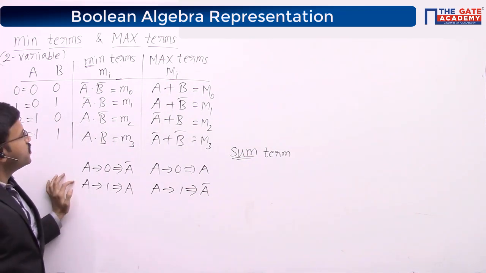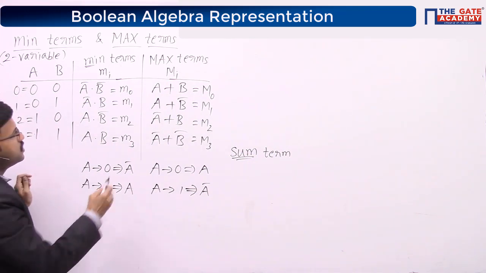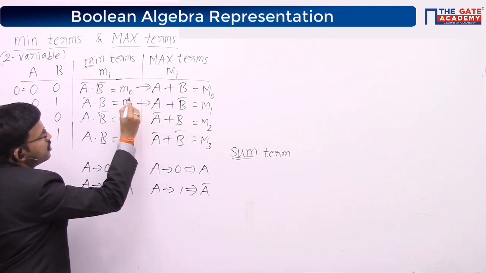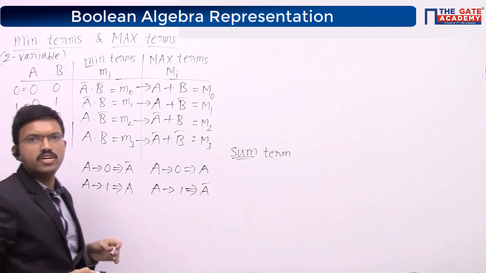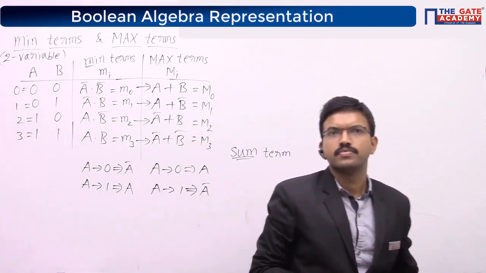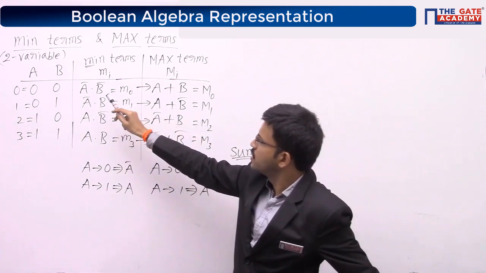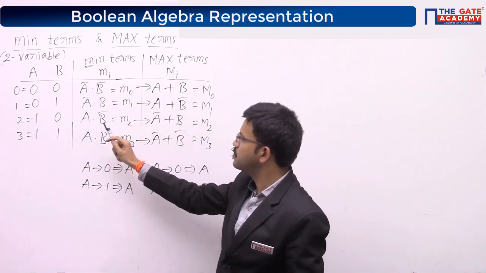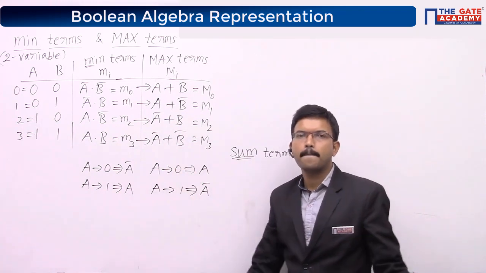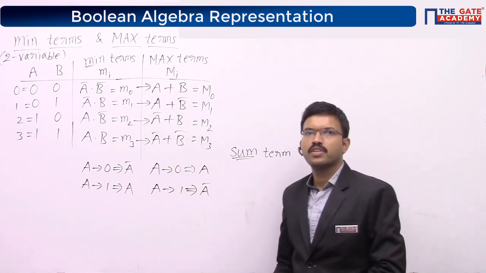Okay, so next point, what is the relation between small m0 and capital M0, m1 and M1, m2 and M2, m3 and M3? What is the relation? Just observe. Here I am having a bar b bar, here I am having a plus b. A bar b, a plus b bar. What is the relation? Complement, right?